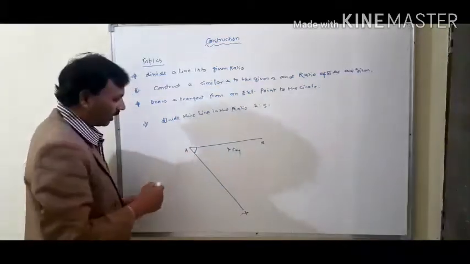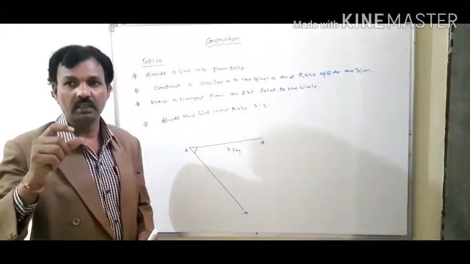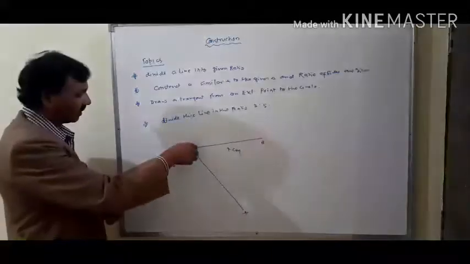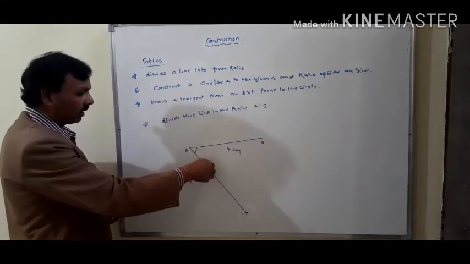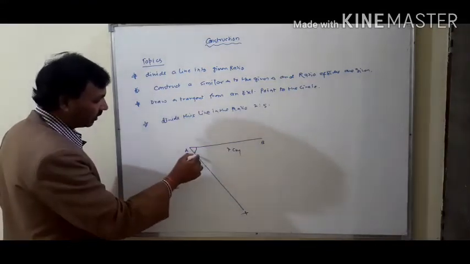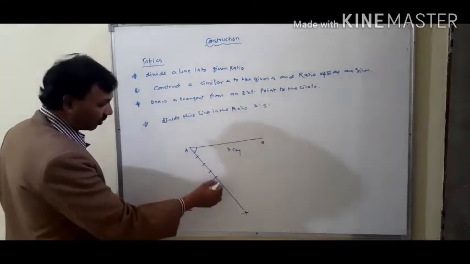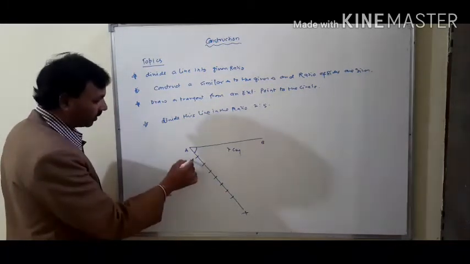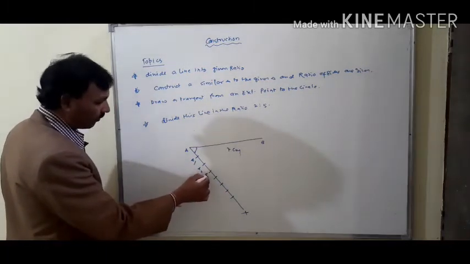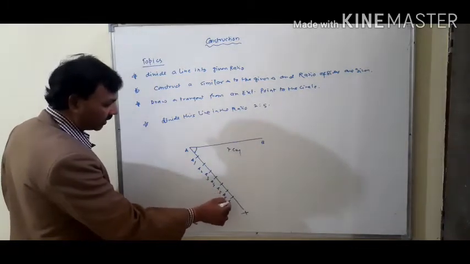That means in your compass you take a radius and cut from here like this. In the same way cut 7 parts, 1 2 3 4 5 6 and 7. Write the names as A1, A2, A3, A4, A5, A6 and A7.